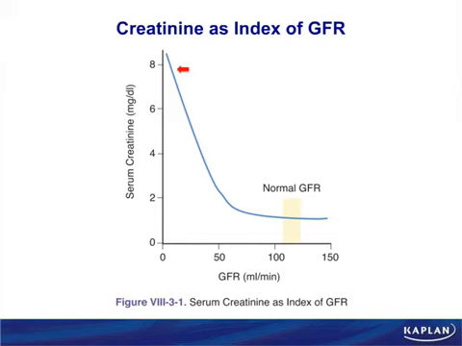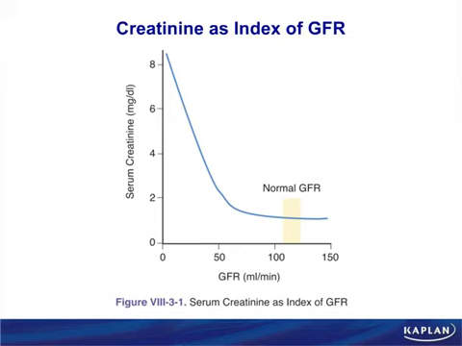And everybody has different muscle mass. Everybody has different metabolism. Everybody has different rates of skeletal muscle breakdown. For example, a 90-year-old man with very low muscle mass should have a very low serum creatinine. A younger man with higher muscle mass should have a higher serum creatinine than that 90-year-old man.